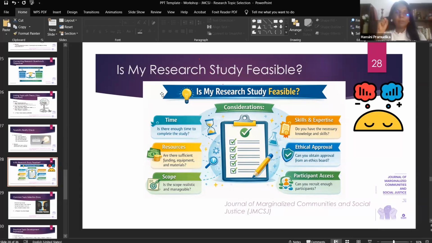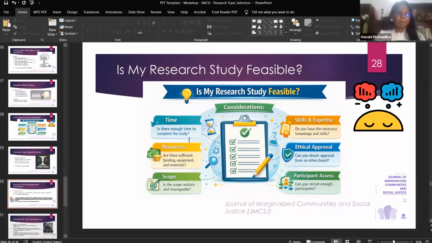If you didn't do the feasibility study of your research, when you determine your research title, you have to think about these considerations carefully and take your time and then conduct the research. If you are competent enough, definitely you can go ahead. Right.